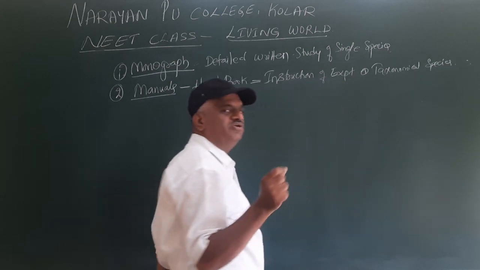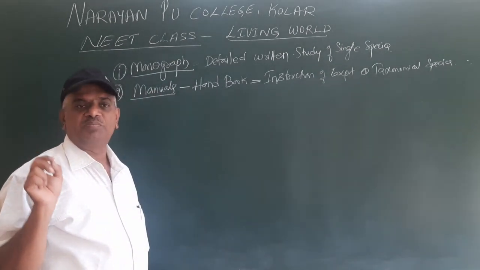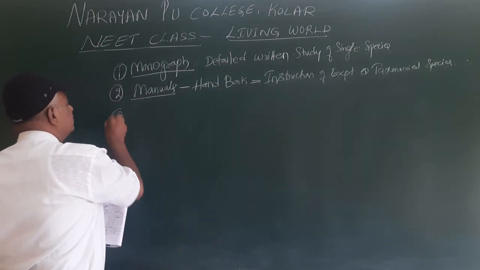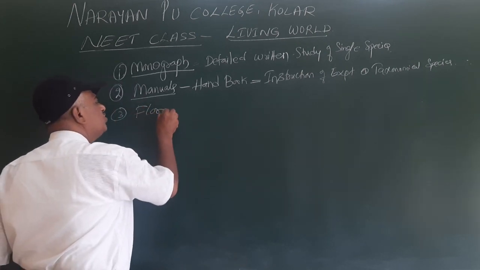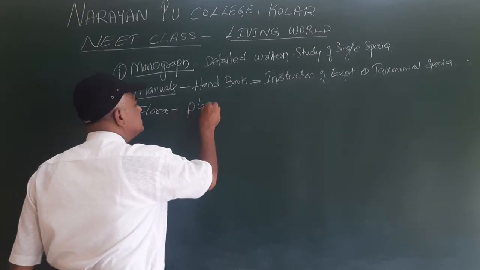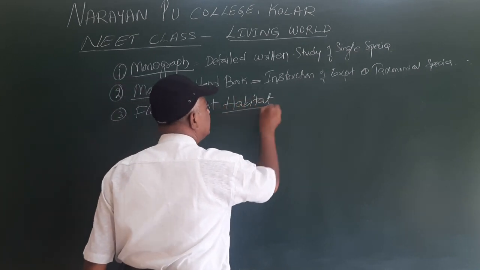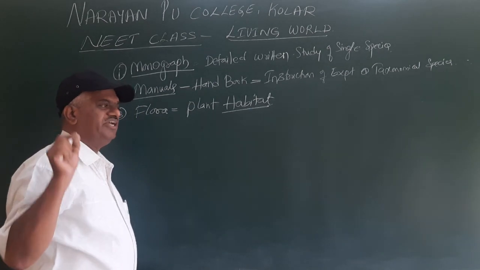So in this manual, there is a presence of the records which we are going to study about a particular species. Next, we go for the third one, called flora. The word flora is nothing but plant habitat. Habitat is called a dwelling place, or a place where a plant is living.